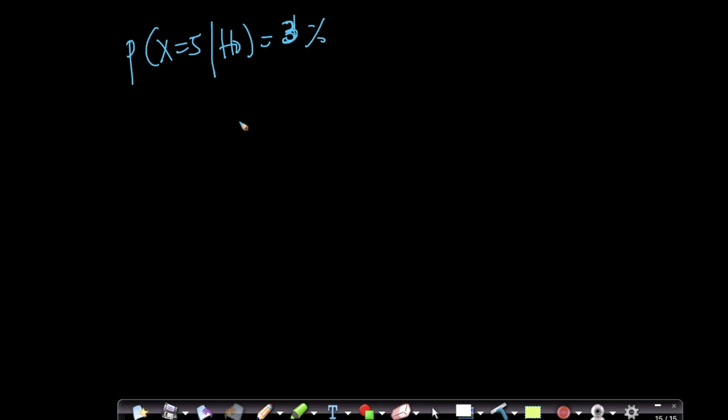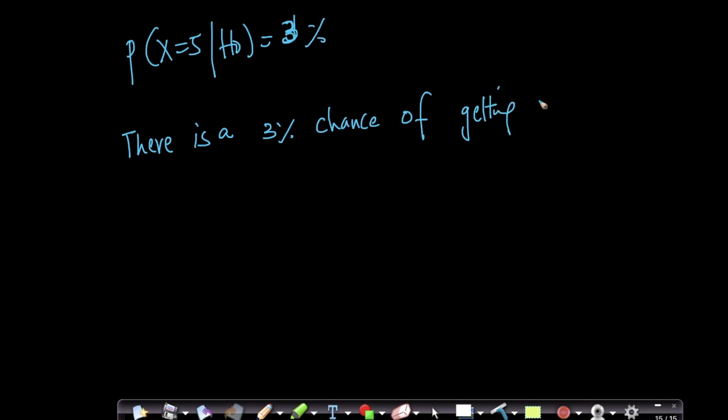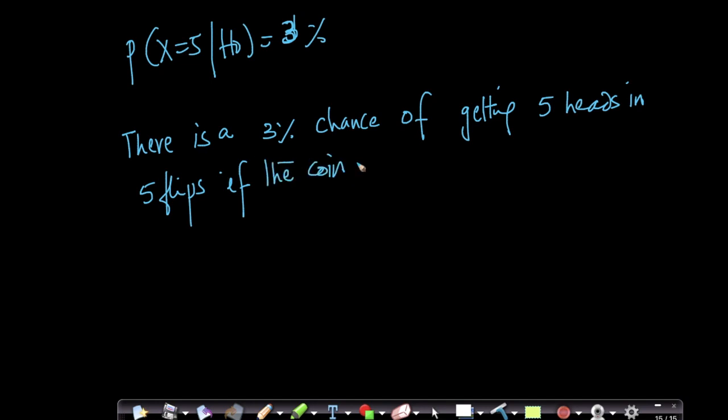So let's try to read it in English. I'll write it so that it becomes clearer for you. What it says is that there is a 3% chance or probability of getting 5 heads in 5 tosses or 5 flips if the coin is not biased towards heads.